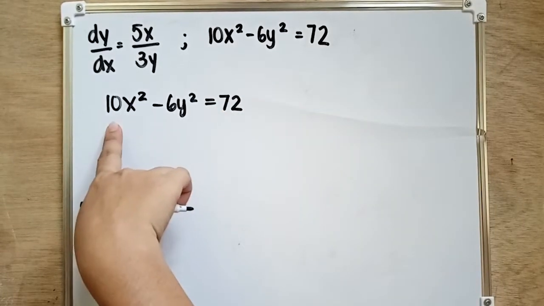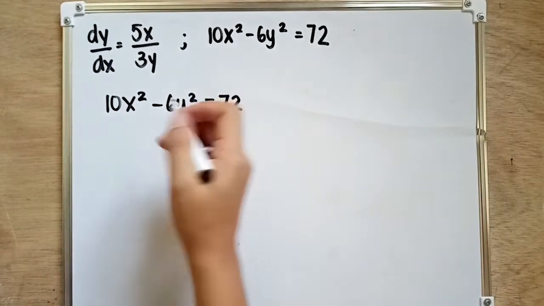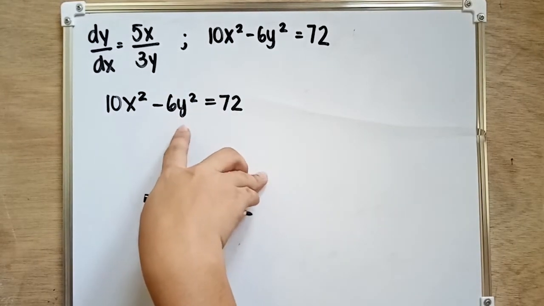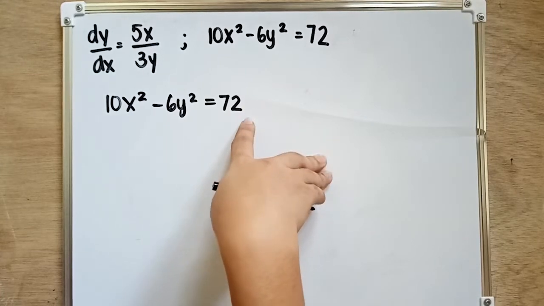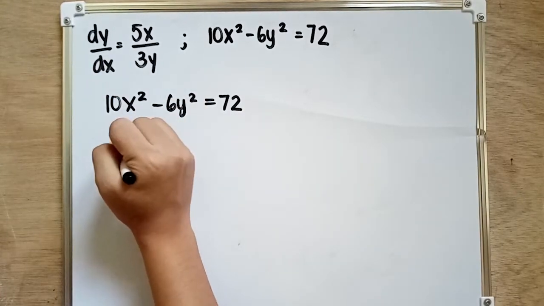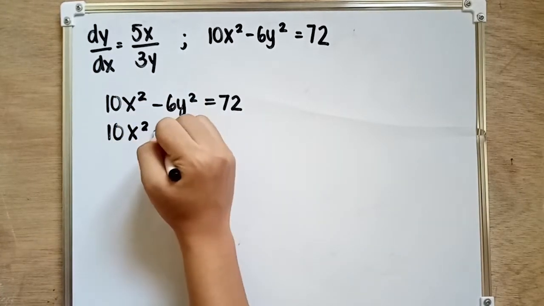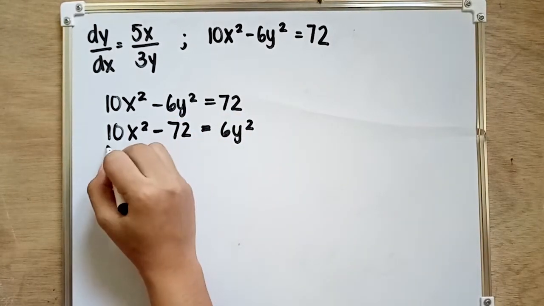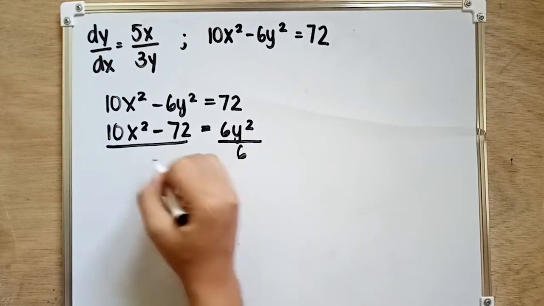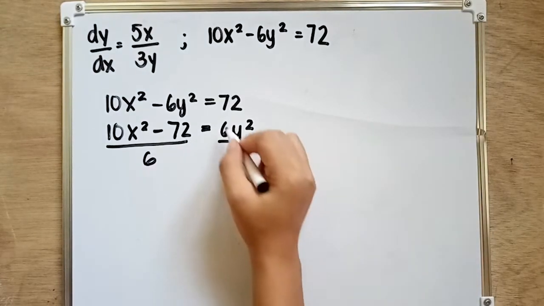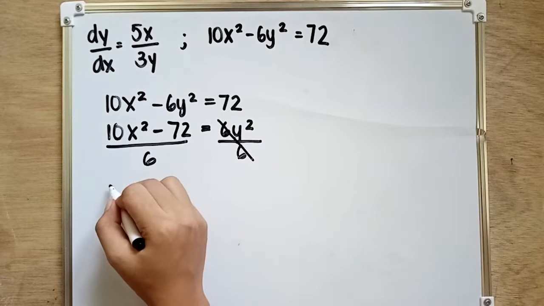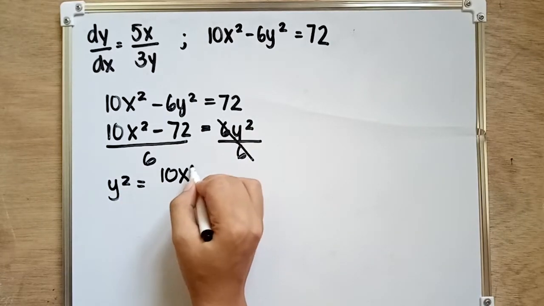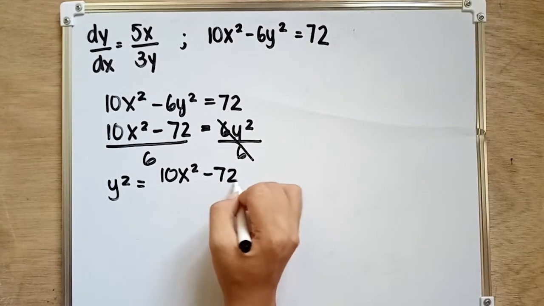Then, transpose the 10x squared to the right side, or transpose the negative 6y squared to the right side and 72 to the left side. Then, divide both sides by 6. Then, makakancel ang 6. Meron tayong y squared is equal to 10x squared minus 72 over 6.